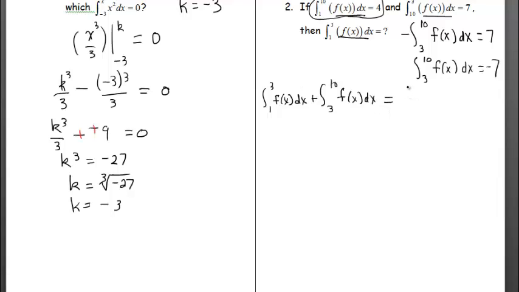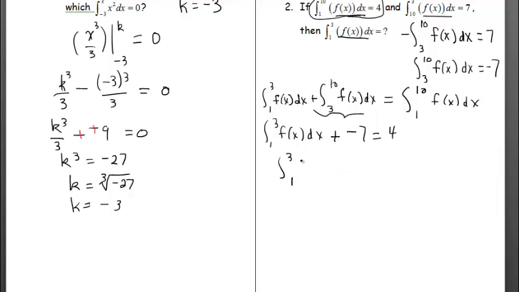The sum of these two parts has to equal the whole. This is the integral we seek from 1 to 3. 3 to 10 can be replaced with negative 7, and the whole integral is 4. Add the 7. The value of the integral is 11.